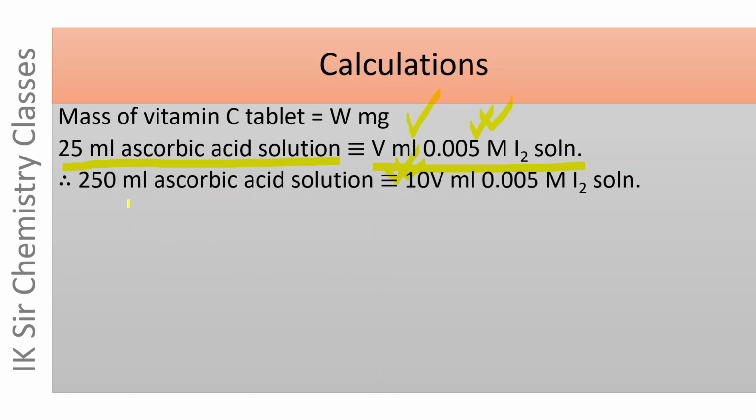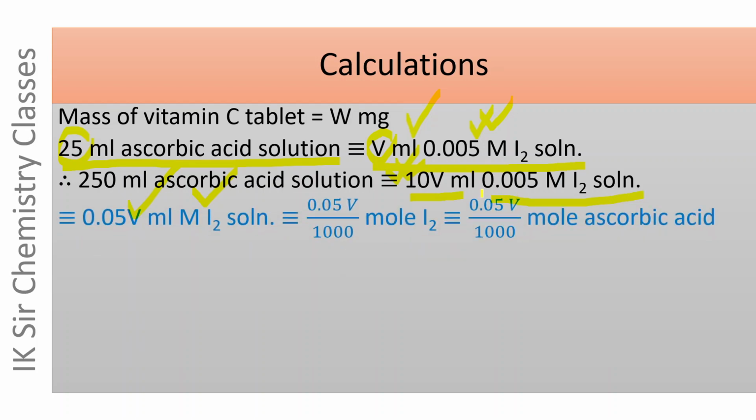Therefore, the 250 ml ascorbic acid solution which contains 1 tablet of vitamin C will be equivalent to 10 V. It is 10 times of 25 and hence it will also be 10 times of V, 10 V ml of 0.005 molar iodine solution.